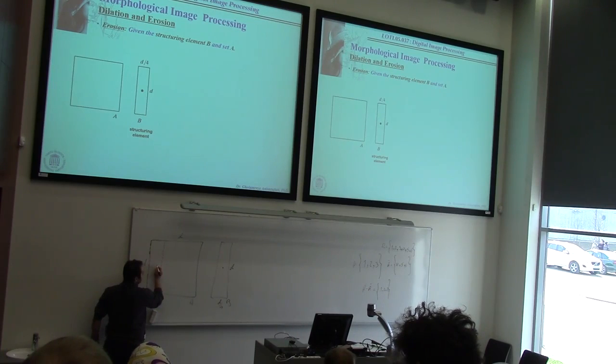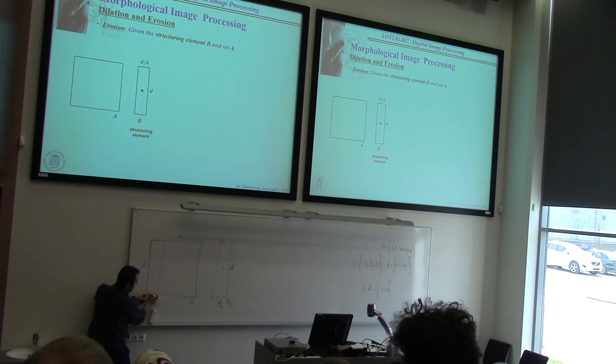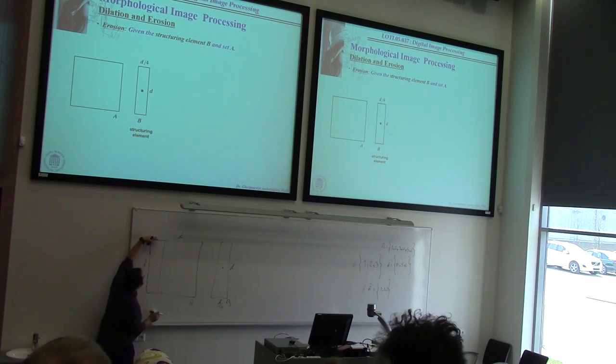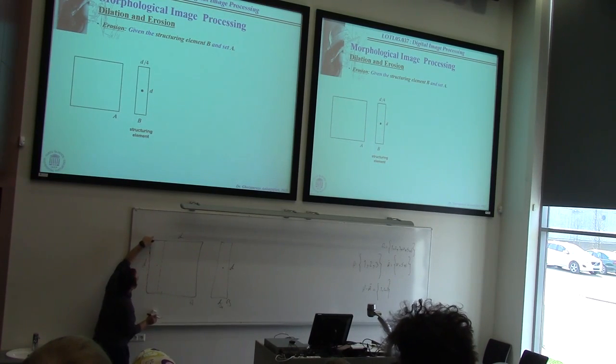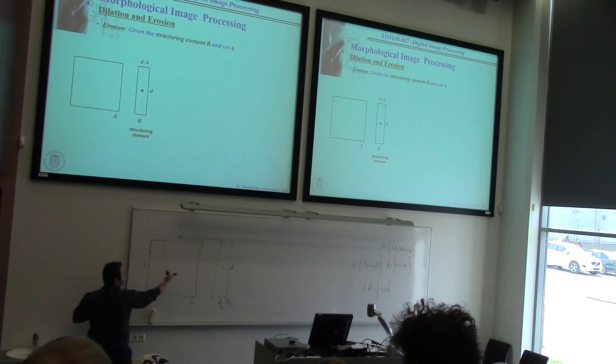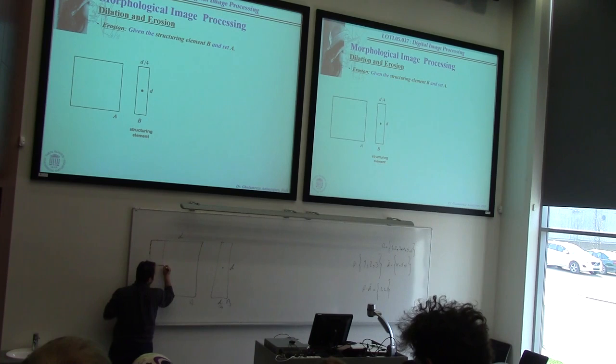If we go up or down, we know that if we go a little down, some parts of the set of B will be out of the set, maybe here. And also if we go a little up, here some parts of the set of B will be out of the set of A. Then we can go just in this direction.